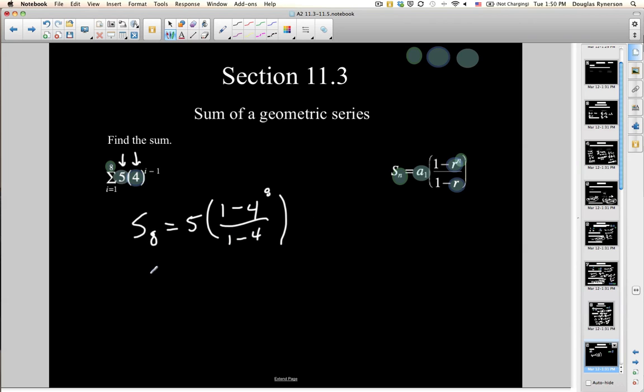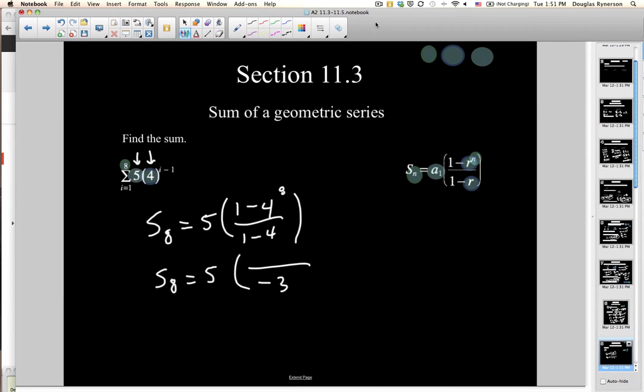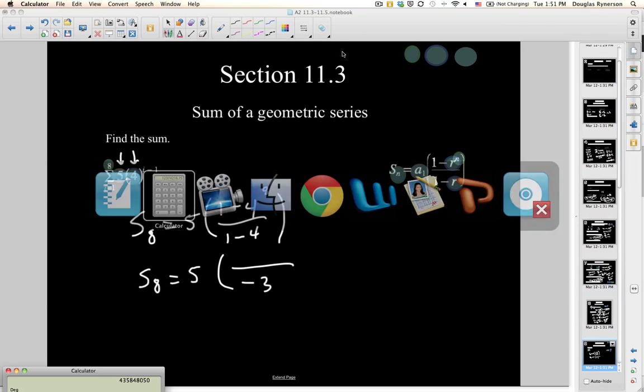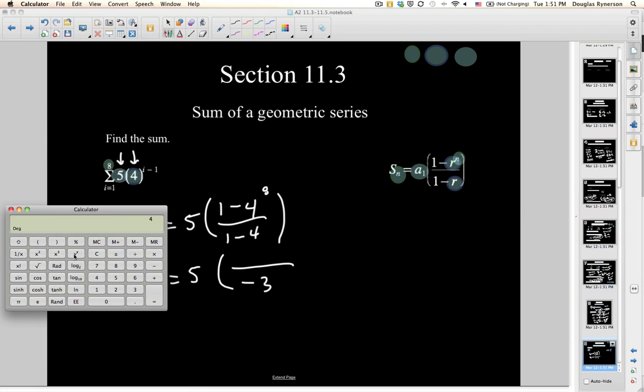Right? So I know that the sum of these 8 terms will be equal to 5 times, I know I'm going to have negative 3 down here, 1 minus 4 to the 8th power. So 4 to the 8th power is 65,536.